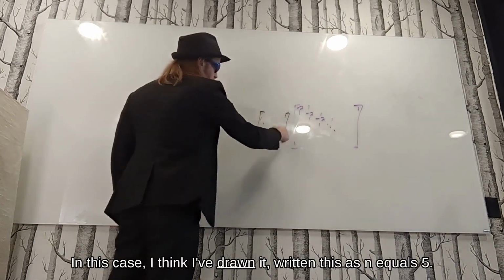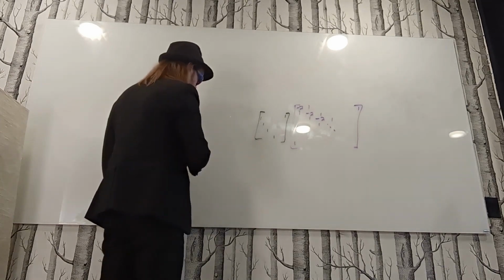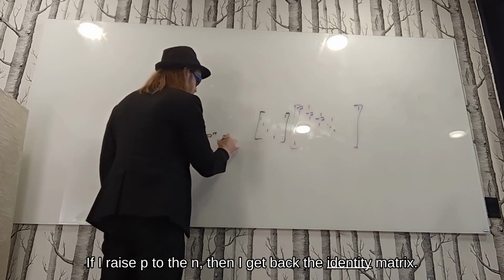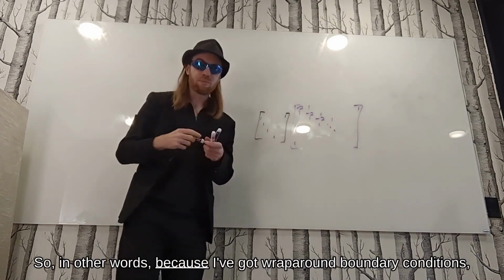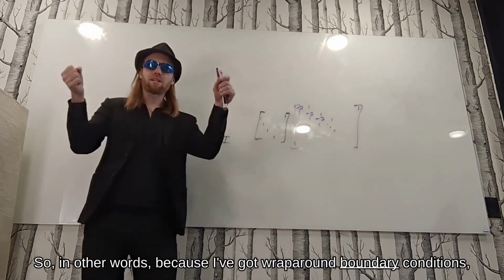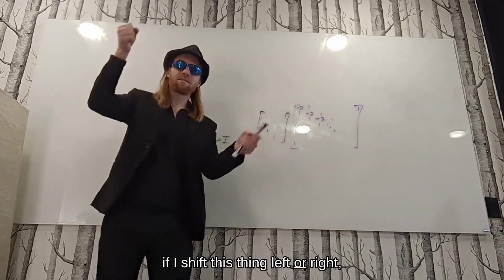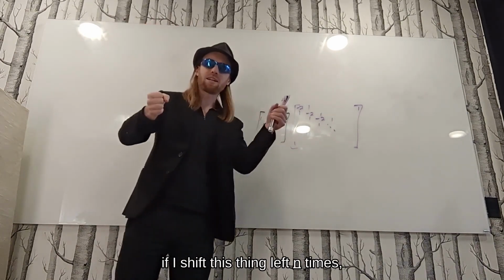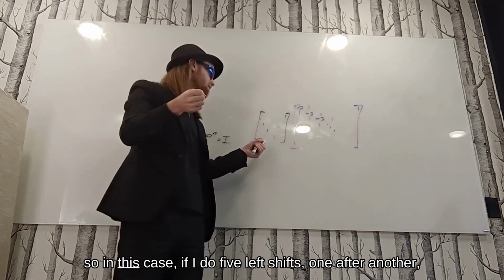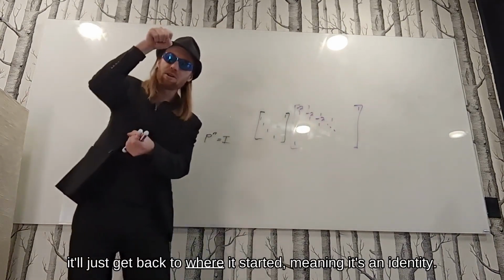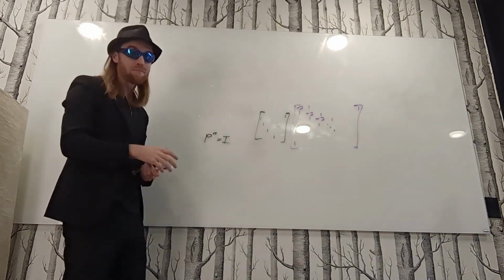In this case, I think I've written this as n equals 5. If I raise P to the n, then I get back the identity matrix. Because I've got wraparound boundary conditions, if I shift this thing left n times, so in this case 5 left shifts one after another, it'll just get back to where it started, meaning it's an identity.